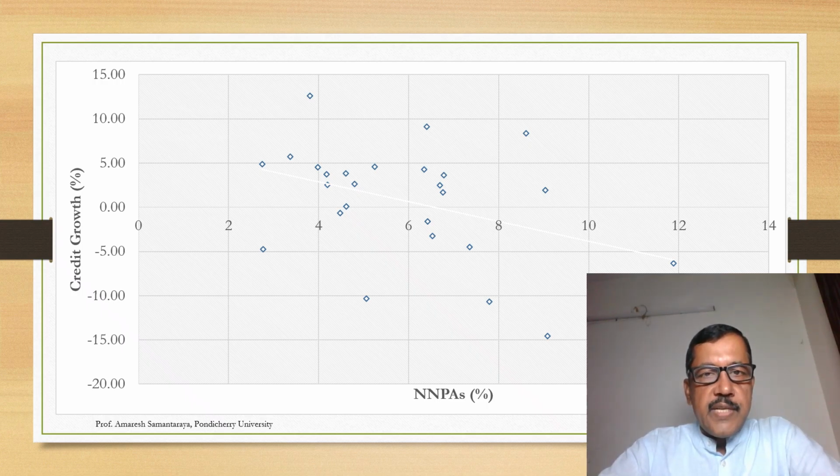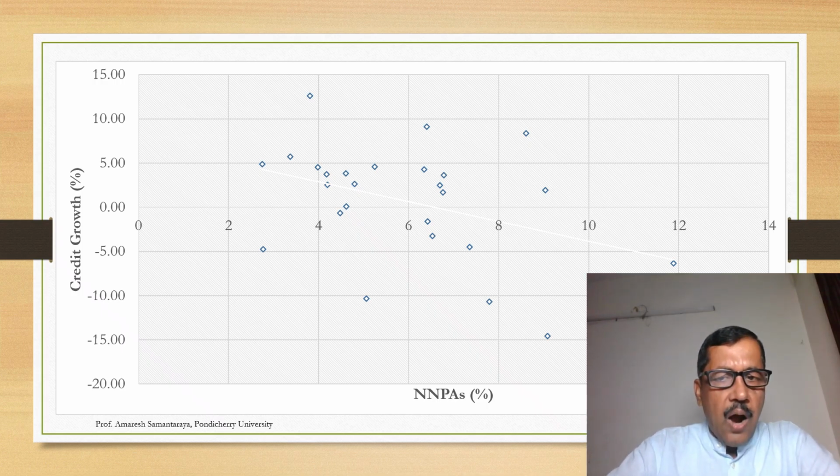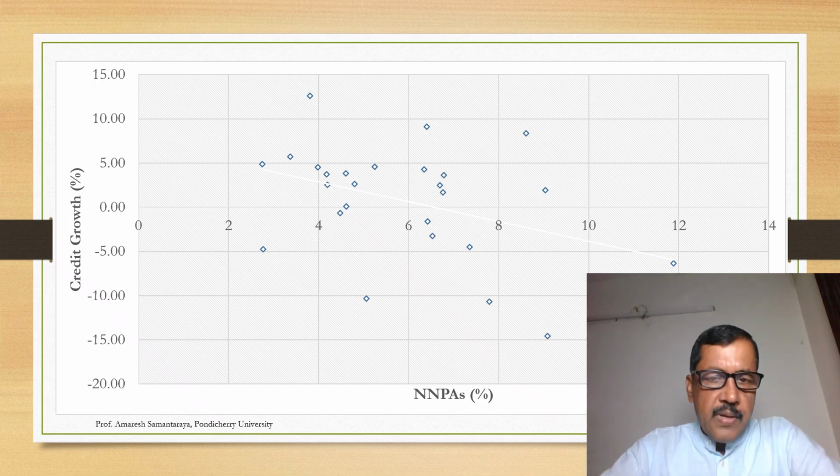So before I start the econometric estimation procedure, a good way to start is trying to plot these variables in a scatter plot, as you can see. Now, once we look at the scatter plot, what can we conclude about the impact of net NPAs on credit growth? Basically, what is the type of relationship they have? Do you think there is a positive relation, a negative relation, or no relation?